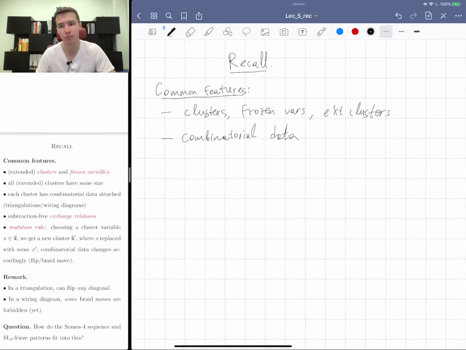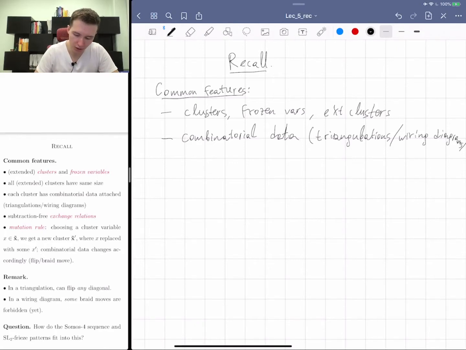In the case of Grassmannian triangulations, this data was triangulations for the Grassmannian, 2n triangulations. And in the case of the flag variety, the combinatorial gadget was wiring diagrams. And then we had these exchange relations, which allow you to transform to get from one cluster to another one.